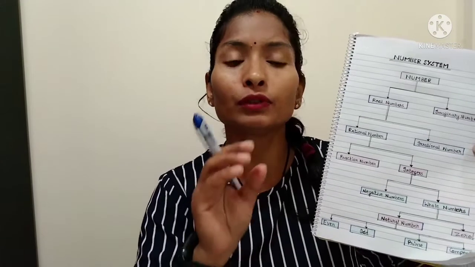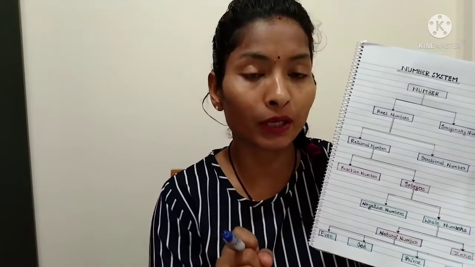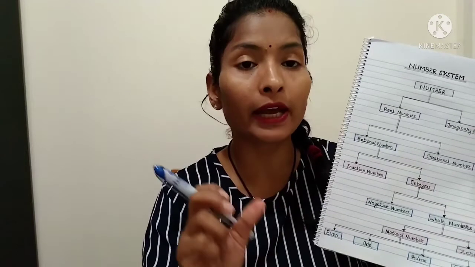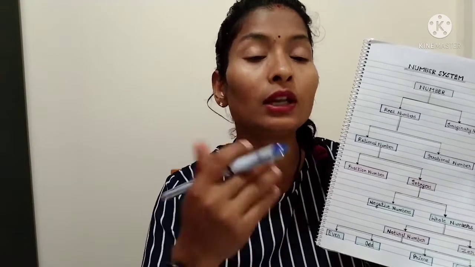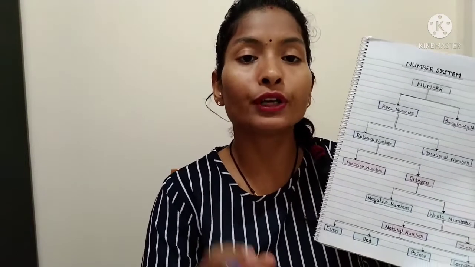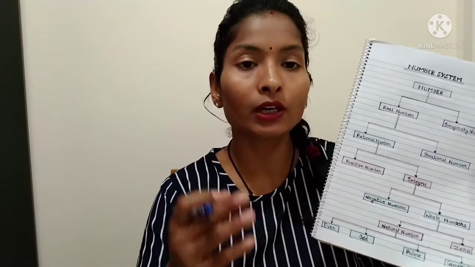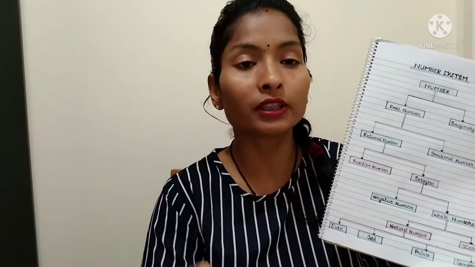Those numbers which are written in the form of a upon b, where b is not equal to 0 and the values of a and b are always natural numbers. And we know natural numbers are always positive, so fractions are always positive. For example, 2 upon 3, 9 upon 7, 6 upon 8, 12 upon 13. All these are called fraction numbers.